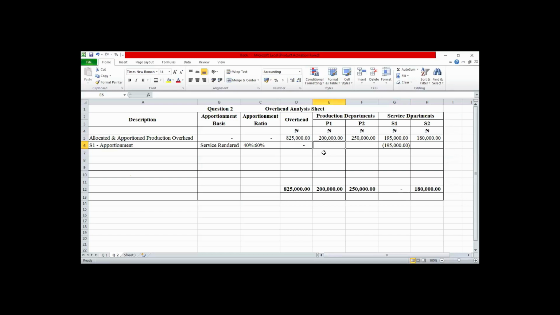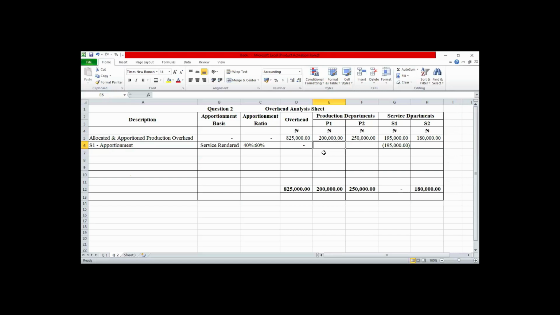S1 cannot render service to himself. He can only render service to other departments. You only render service to P1 and P2. That is why the sharing is between P1 and P2. Now, the addition of the ratio is 100. Is it clear? Yes, sir.